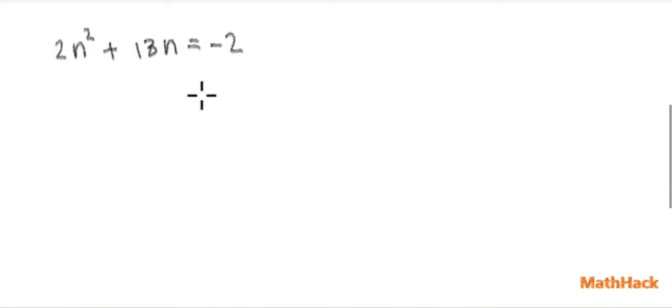Okay, for our third example, we have 2n squared plus 13n equals negative 2. This equation is not written in standard form.